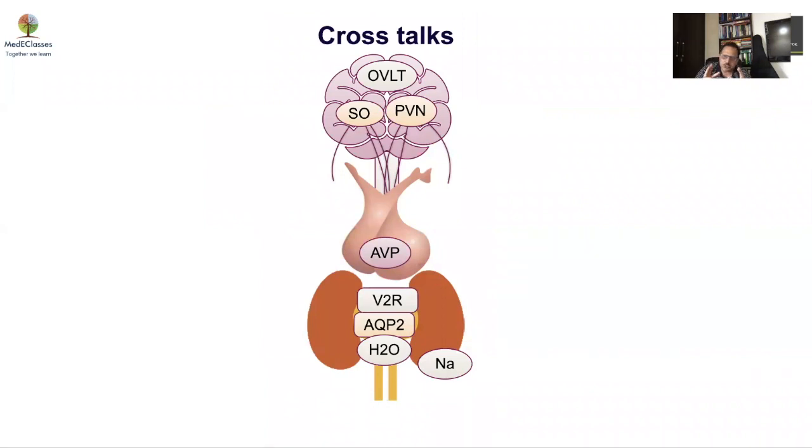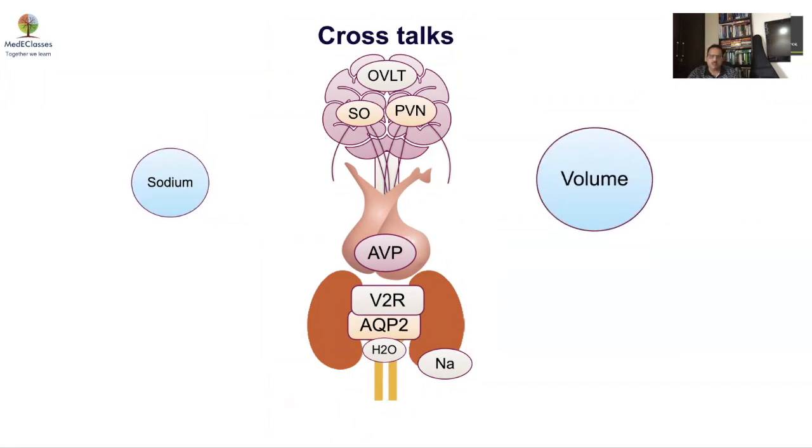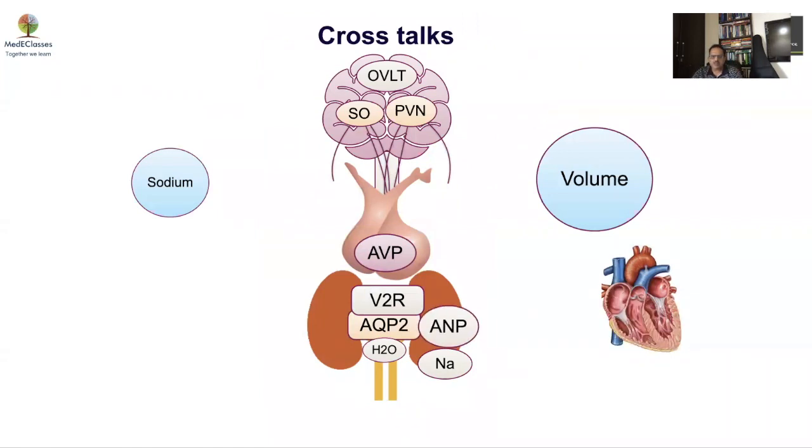Now we have discussed the three major systems, the AVP, the RAAS system, and the ANP, and they all have a good crosstalk between each other. So if the AVP level goes up, you've got more V2 receptor action, the water excretion becomes less, volume will become more, and you will have hyponatremia. Now this hyponatremia and increased volume will then trigger the ANP, and this can further result in natriuresis and suppress aldosterone.